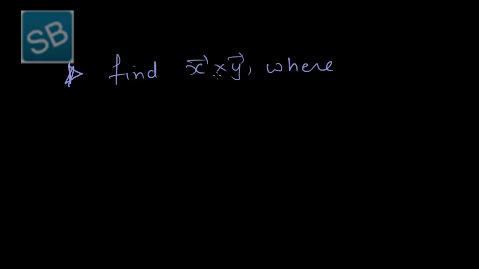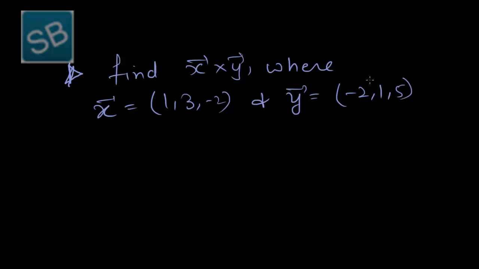Now we are going to solve problems which are based on outer product, that is, find x cross y where vector x is (1, 3, minus 2) and vector y is (minus 2, 1, 5).